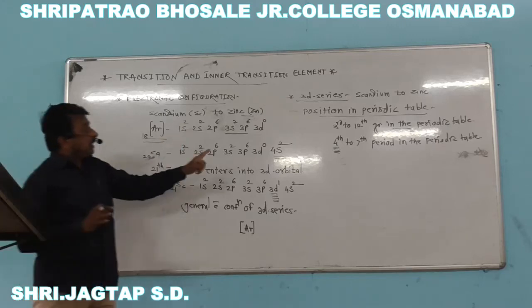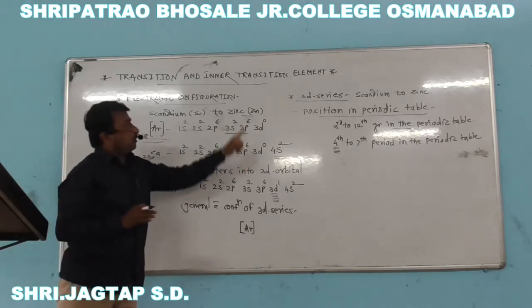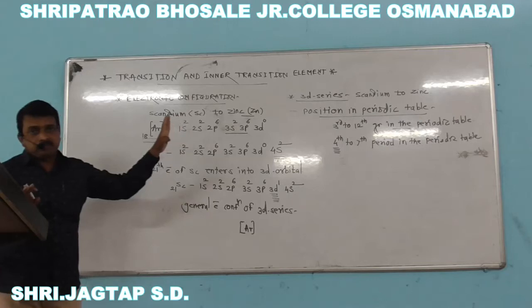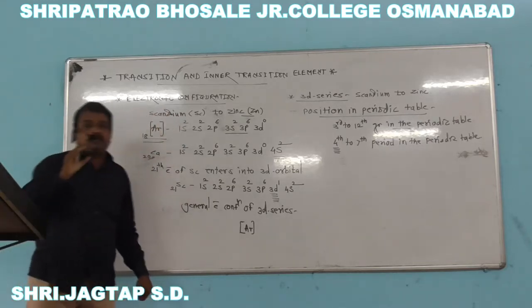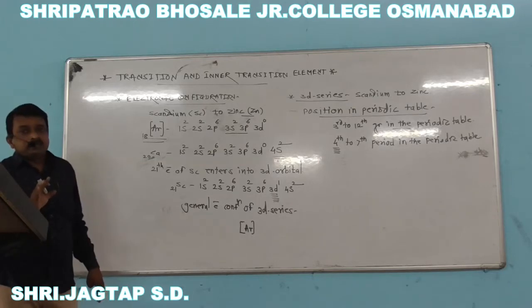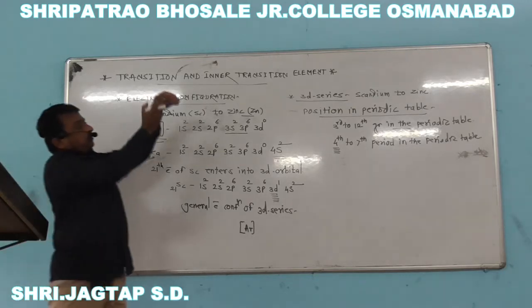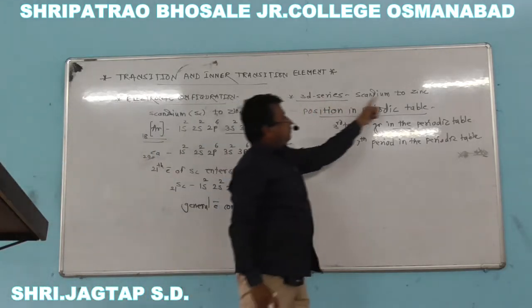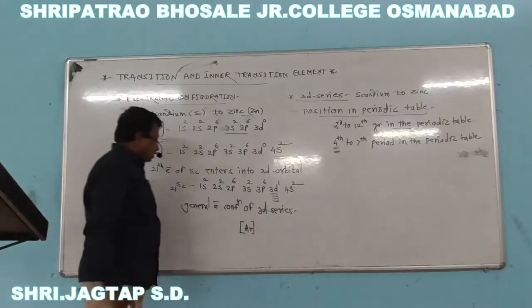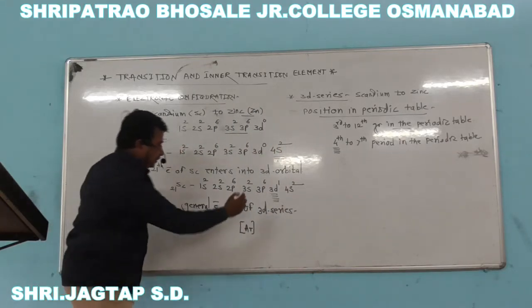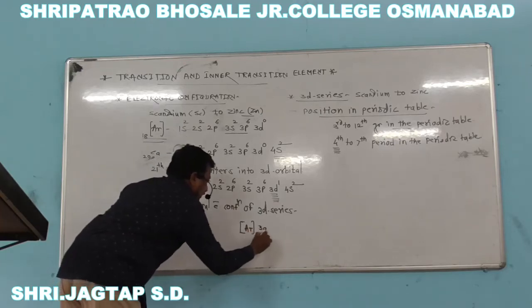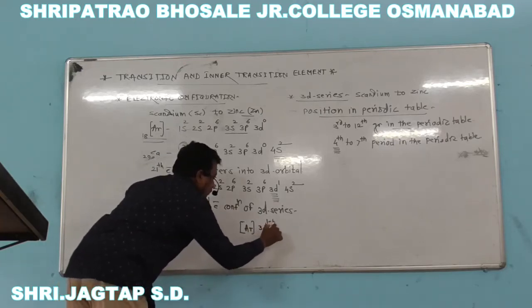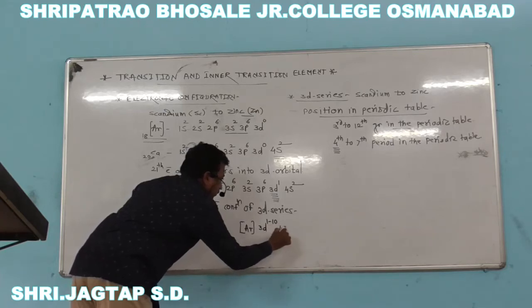The electrons enter the orbitals in the 3d series; the 3d orbital is successively filled in each element as we move from scandium to zinc. Therefore, the general electronic configuration of the 3d series is argon 3d 1 to 10 4s2.